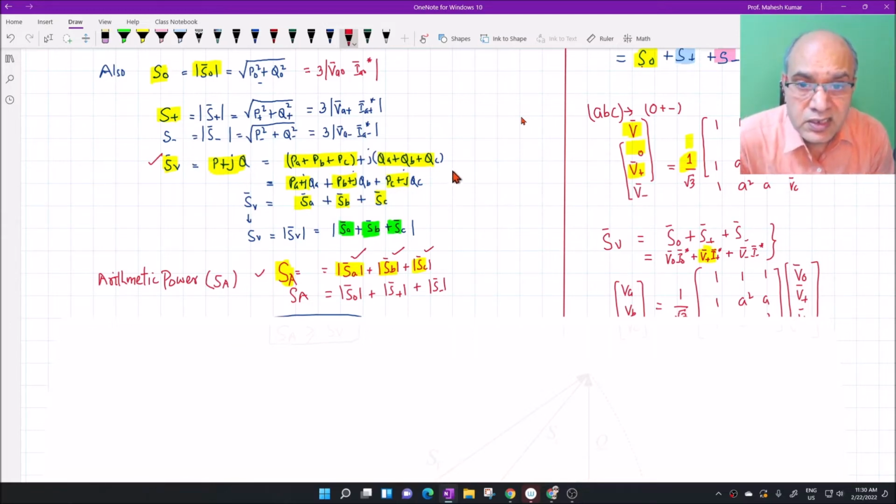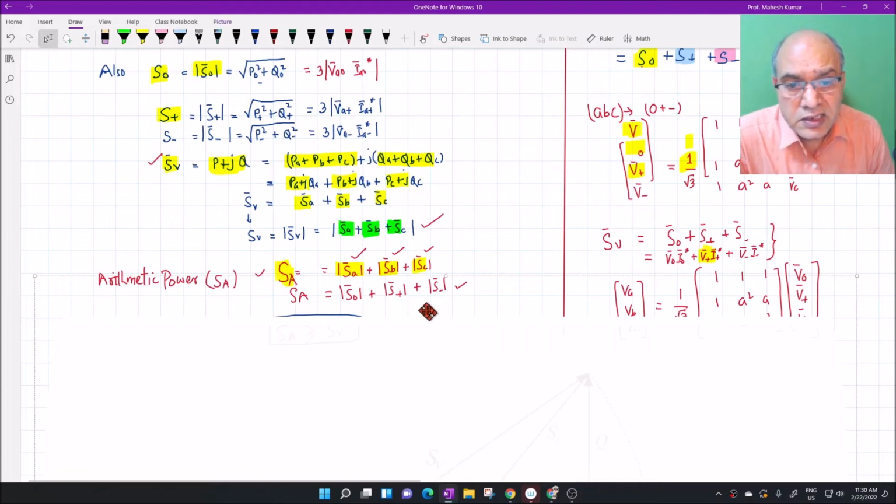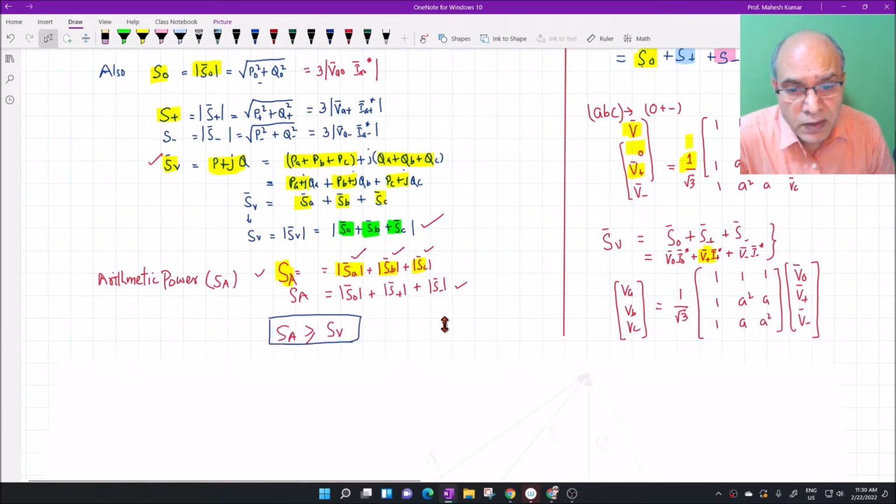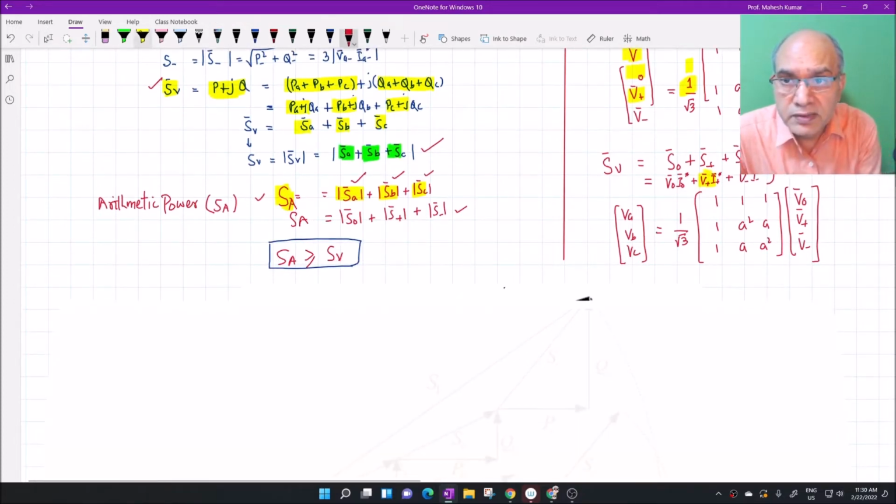From these two expressions, if you look at this expression and you look at this expression, you can tell that the arithmetic apparent power shall be equal to or greater than the vector apparent power. Am I correct? This condition is always true. At most it is equal, but it will be greater than the vector apparent power.